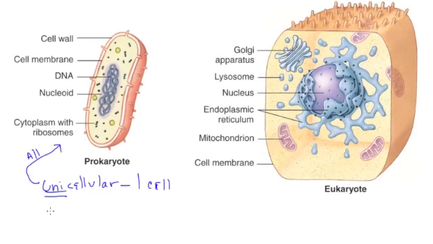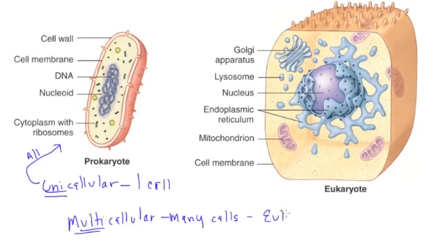Because prokaryotes lack that nucleus, they cannot have more than one cell. They have to remain at this small size. The second category is going to be multicellular. Multi meaning many cells. This has to be a eukaryotic cell.